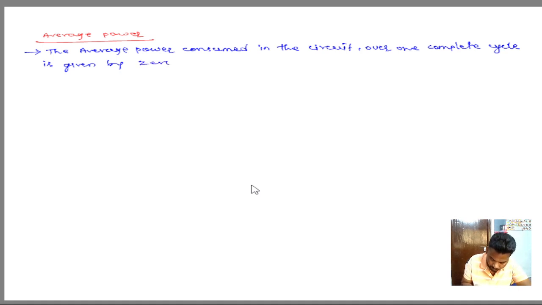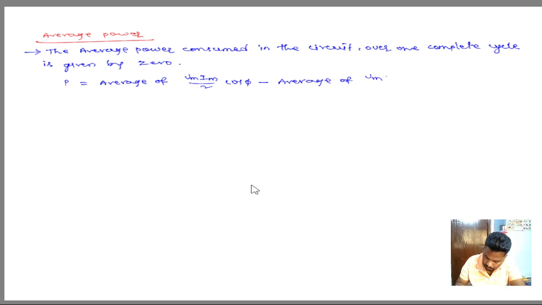the average of Vm Im by 2 cos phi minus the average of Vm Im by 2 cos of 2 omega t minus phi.